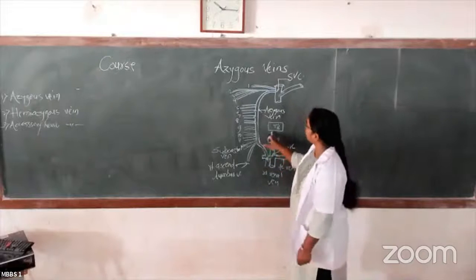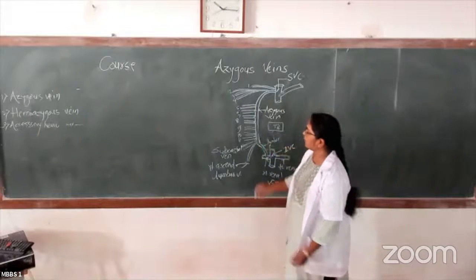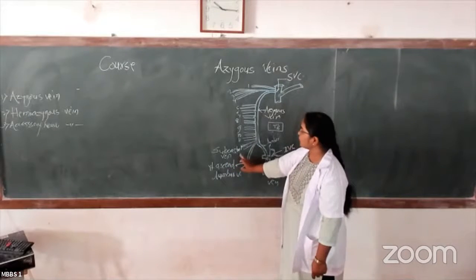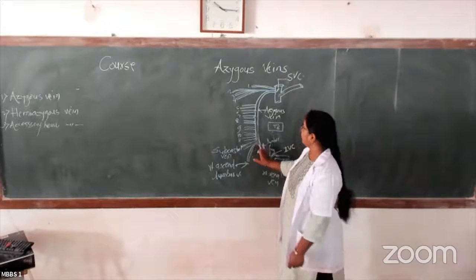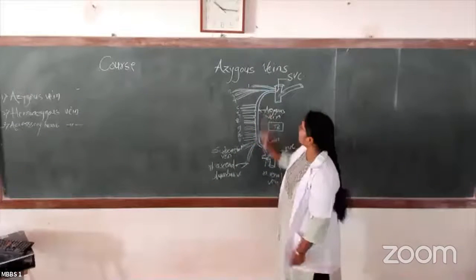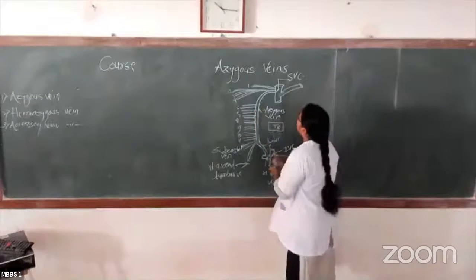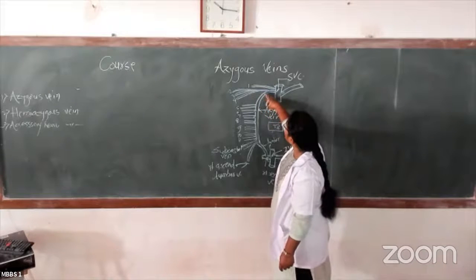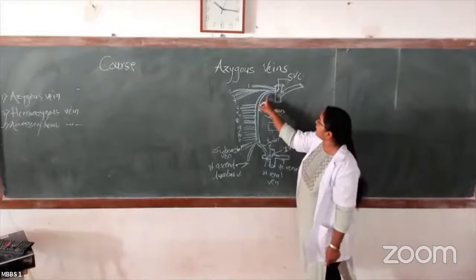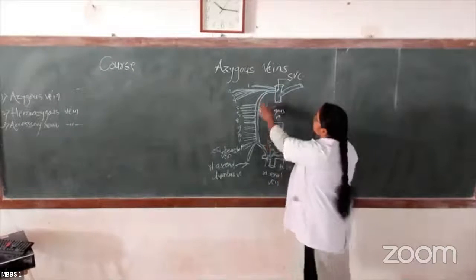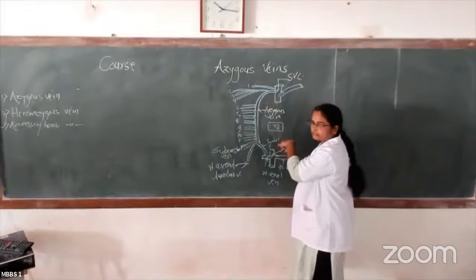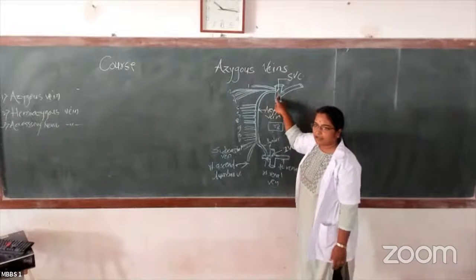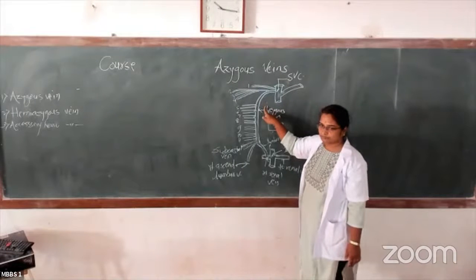And as I told you, at the level of T12, that is the 12th thoracic vertebra, it receives one venous trunk which is formed by the right subcostal and right ascending lumbar vein. And here in the thorax, it ascends upwards. And at the level of the 4th thoracic vertebra, it arches upwards over the root of the right lung, and it opens into the superior vena cava at the level of T4.